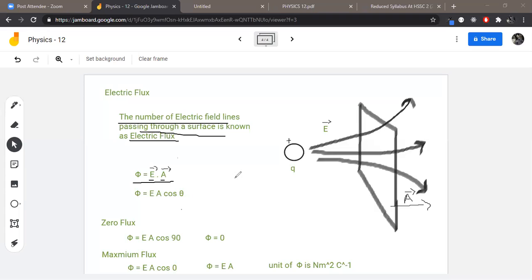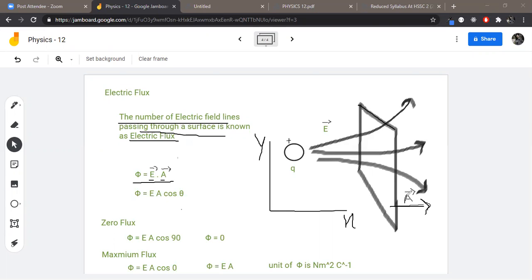So what is this area vector? The area vector is just a vector that is perpendicular to the surface. Suppose in this case the direction of the surface is along the y-axis. If I draw two axes, this is my y-axis, this is my x-axis. The surface is parallel to the y-axis, so the surface is in the direction of the y-axis.